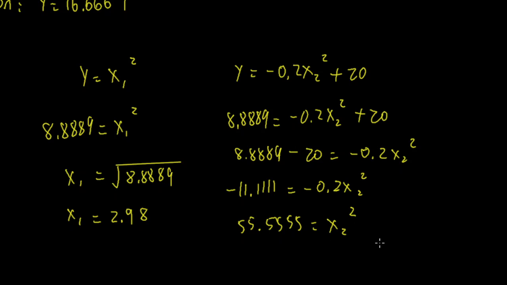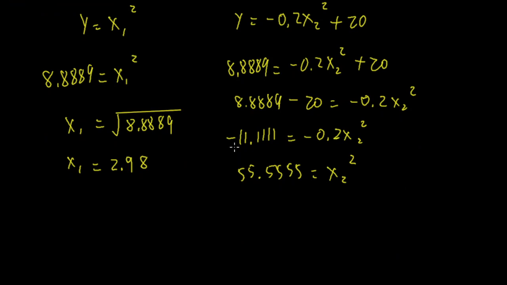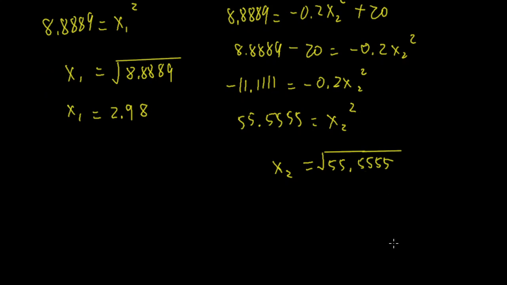And then we take the square root on both sides. The square root of 55.5555 is 7.45.